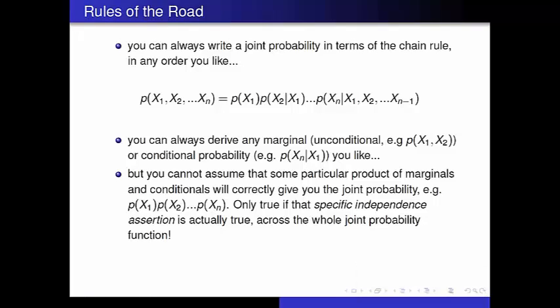Let's just be clear about a few little caveats about this. We can always expand the joint probability in this kind of way, in any order we want. We can always use projection, in other words, summing over a particular variable to derive marginal probabilities.